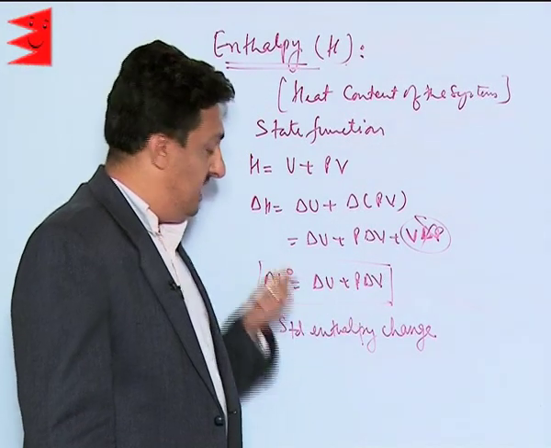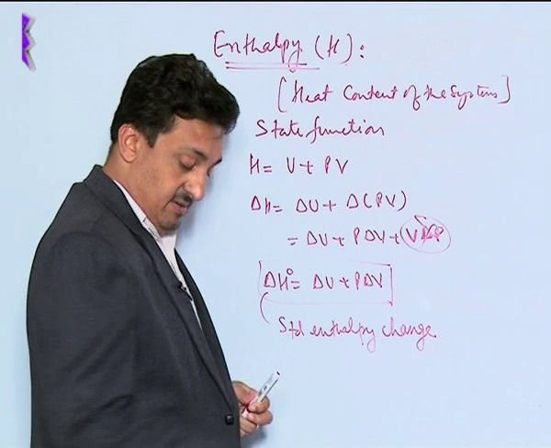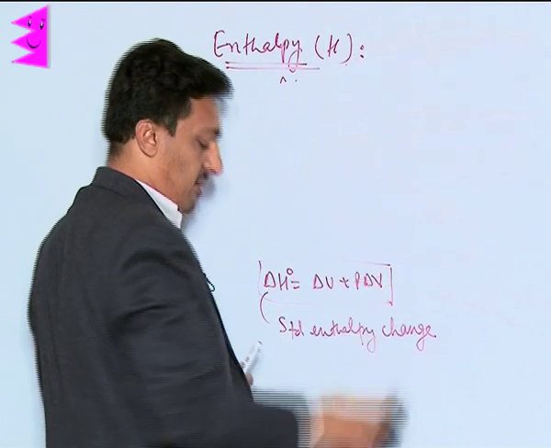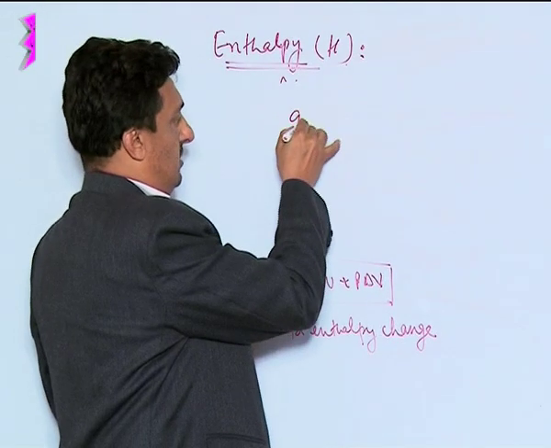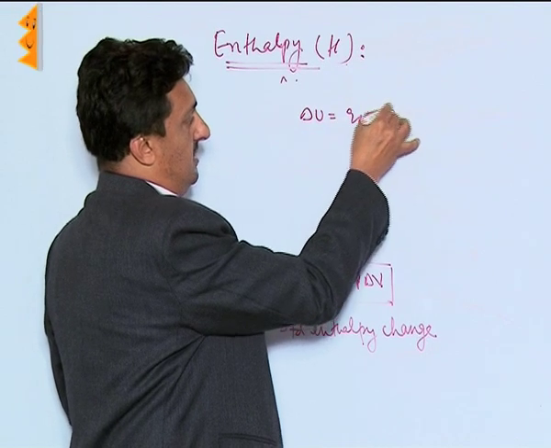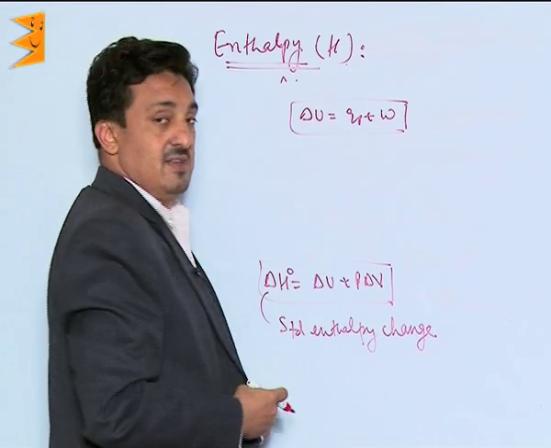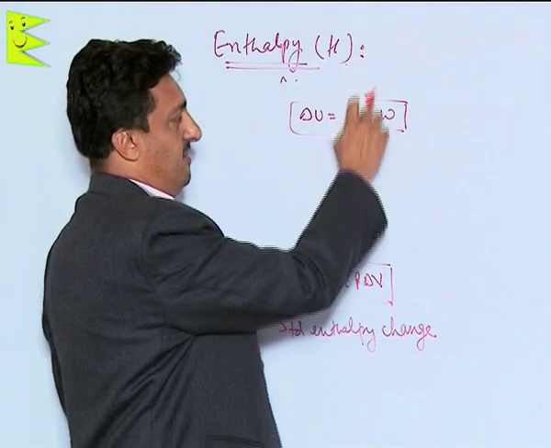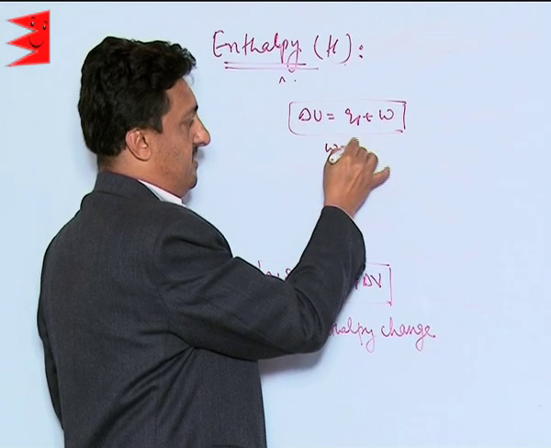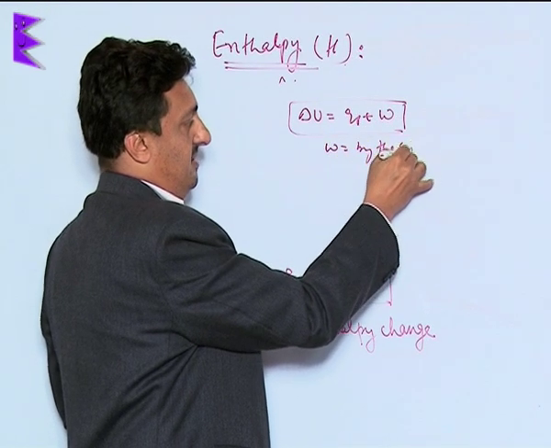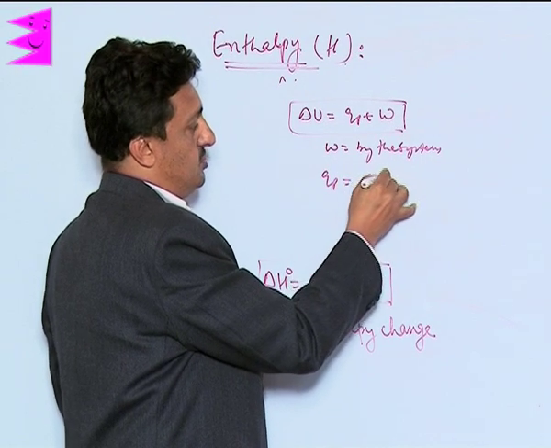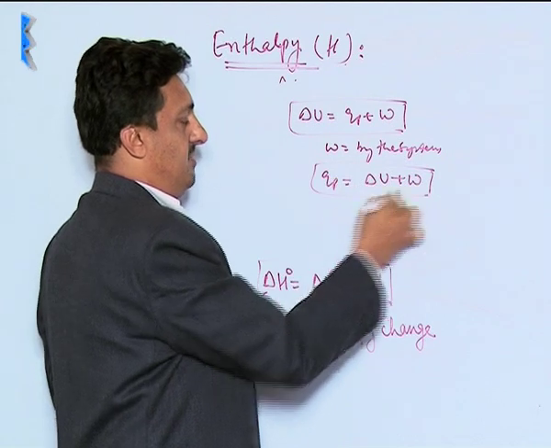And we need to understand that from the first law of thermodynamics, we already know the formula that delta U is equal to QP plus W. In this case the work is done by the system, so W is negative, and what we get is QP is equal to delta U plus P delta V, and this equation becomes this one.